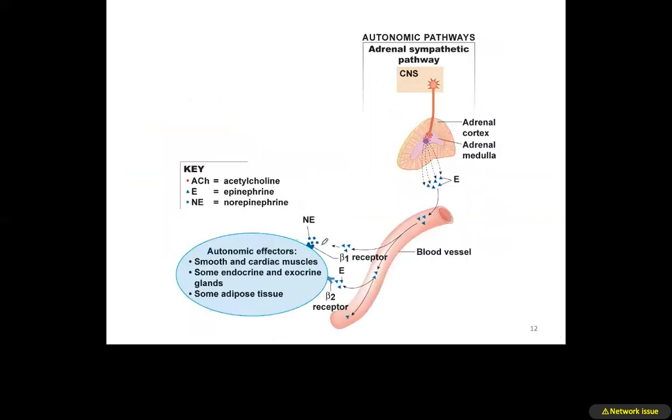It can bind to the beta receptors depicted here. You don't need to know there are two different types of beta receptors. But again, notice that the targets would still be cardiac muscle, smooth muscles, glands, which are basically exocrine or endocrine, and adipose tissue, which is still identified as one of the main targets.